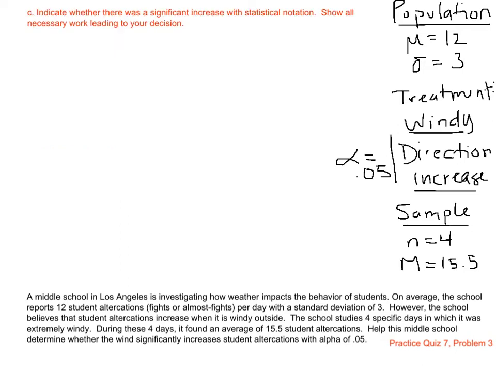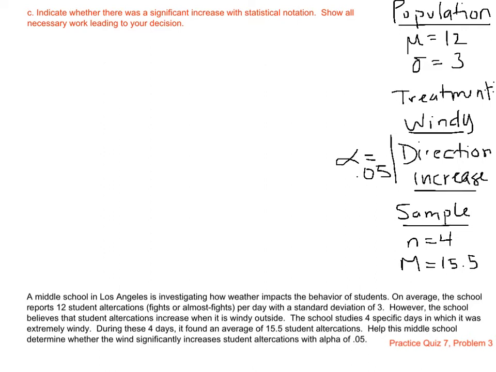I placed question C here, and it says indicate whether there was a significant increase with statistical notation. Show all necessary work leading to your decision. So here, I'm essentially going to go through the hypothesis test process, except I do not need to use step 1. I do not need to identify any hypotheses since it was not required here.